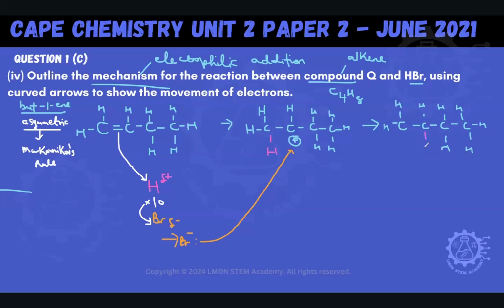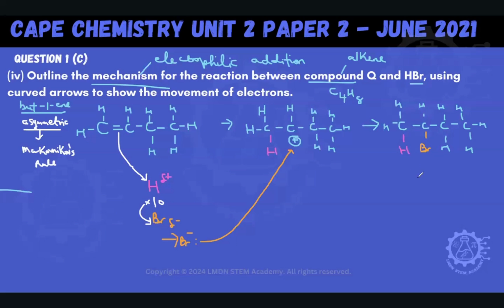So we're going to put the bromine now. Actually, let me keep my colors consistent. So we're putting in the bromine now. So the bromine went and attached there where the carbocation was. And then the hydrogen, of course, from earlier, we said would have latched on to where there were already more hydrogens. And so that's our molecule, right?